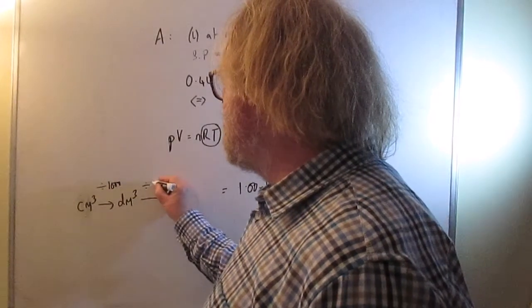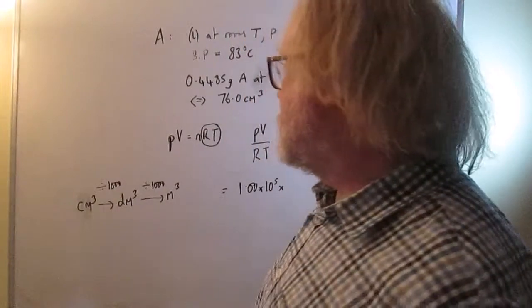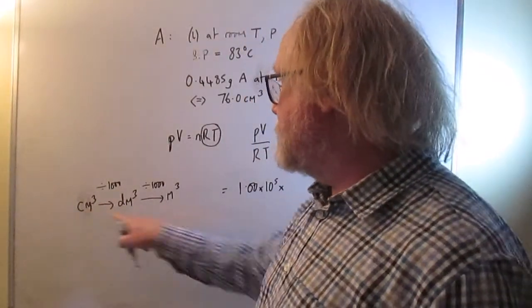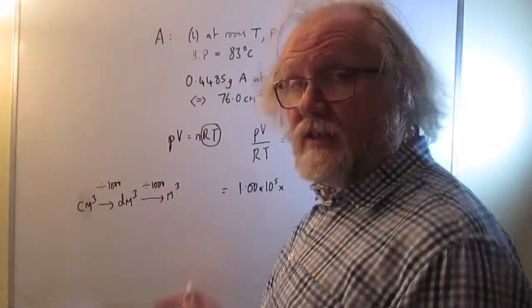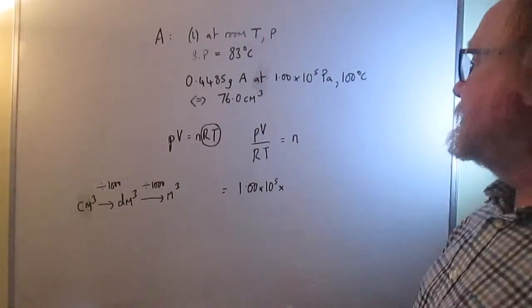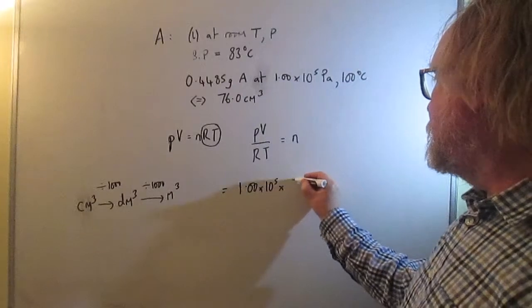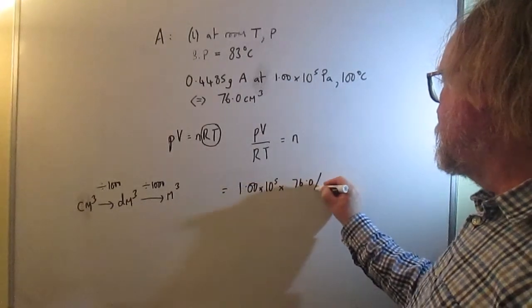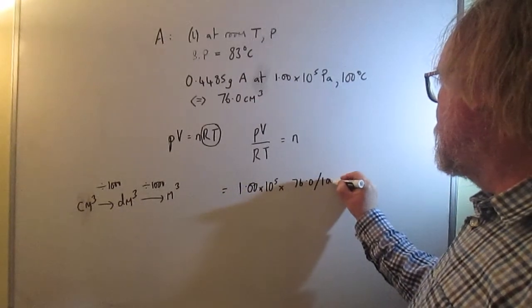So you divide by 1,000 and by 1,000 again, which tells you to divide by 1,000,000. So V is 76.0 divided by 1,000,000.